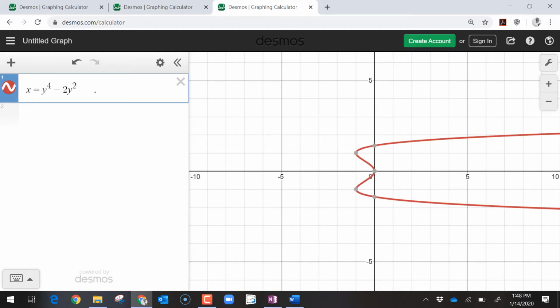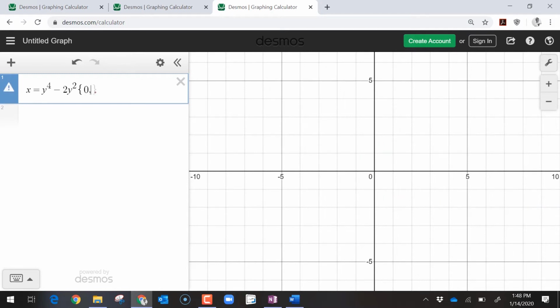At least we see what happens at square root of 2. Oh, yeah. Right?